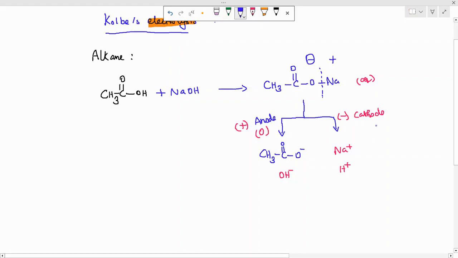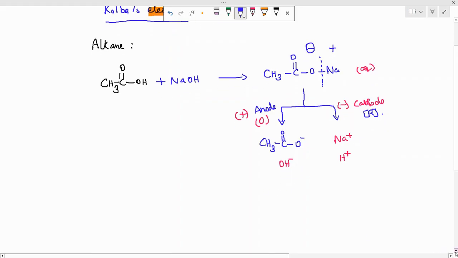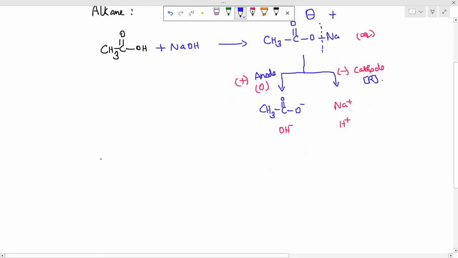And here there will be a reduction. We will compare one by one. First, in the anode, oxidation is going to happen. That's why CH3C double bond O and O minus will lose its electron.